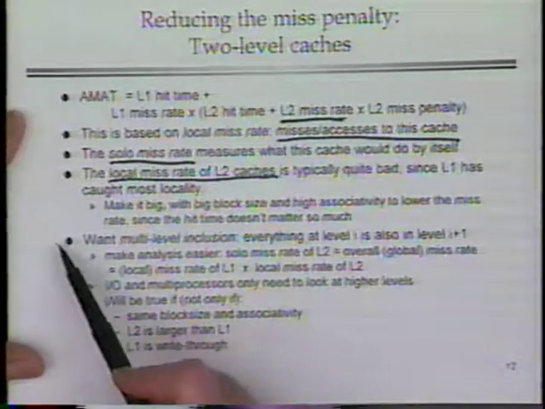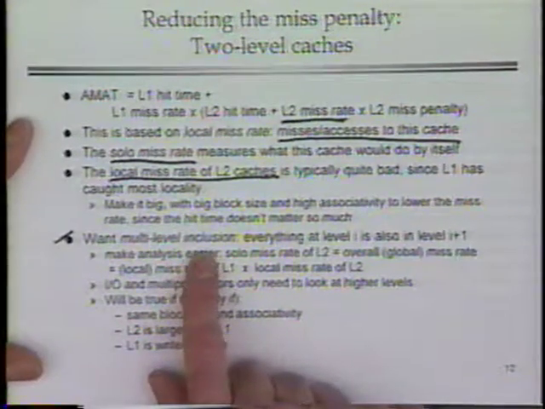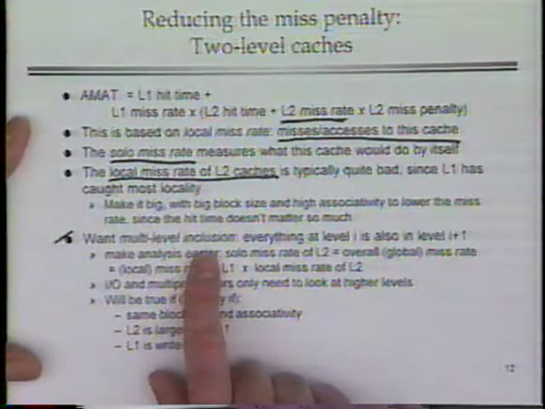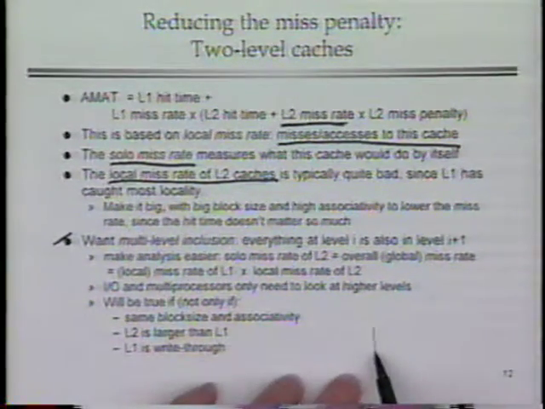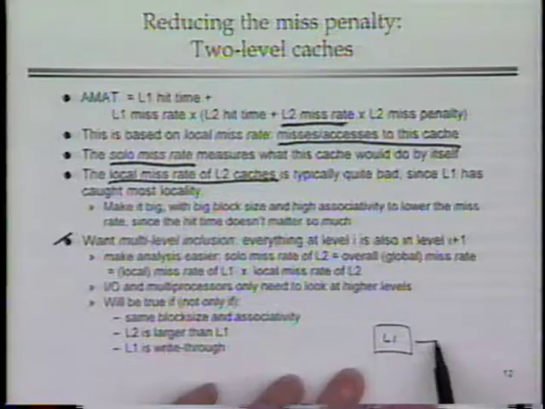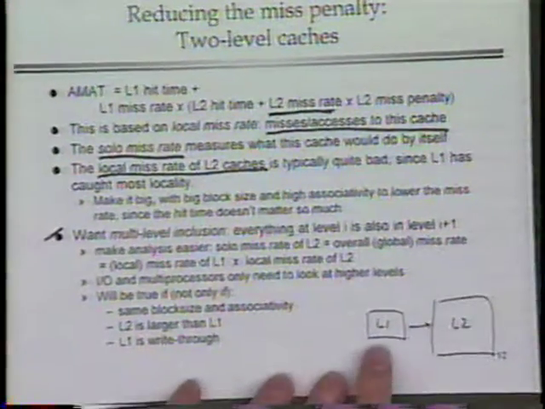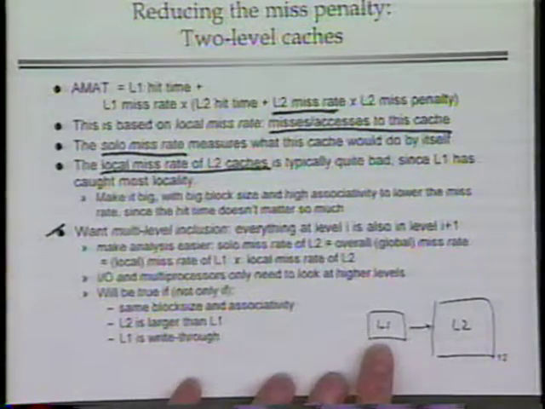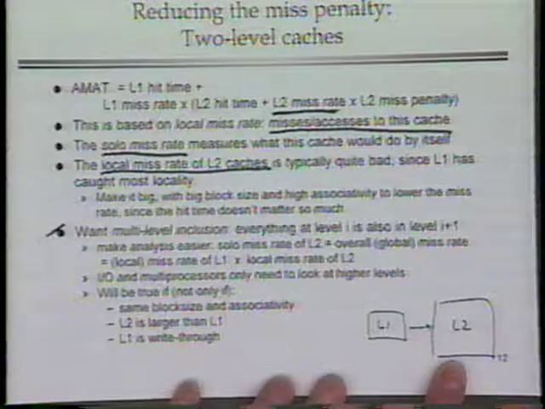Well, there's another issue when you have two levels of cache, which is, does the level 2 cache contain everything that's in the level 1 cache? Remember, our model is that we've got a level 1 cache, we've got a presumably bigger level 2 cache. Could it ever be the case that there are things in the level 1 cache that aren't in the level 2 cache?